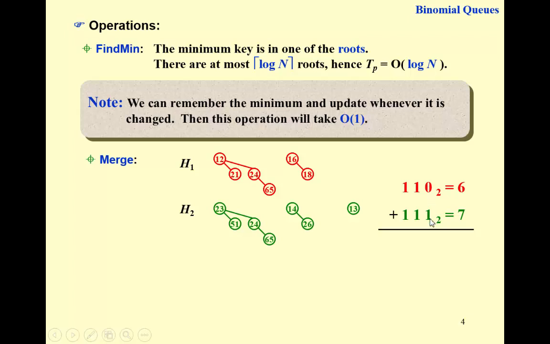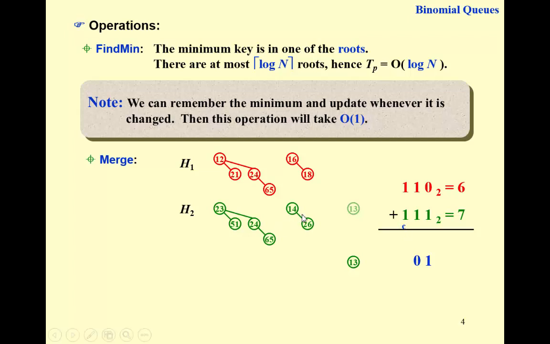And this is 0 plus 1, and we get 1. Which means here, there's an empty tree plus a one node tree, so we just copy this tree down to the result. Alright, so the next bit is 1 plus 1. What do we get? We get 0 at this bit plus another 1 carried over to the next bit, right?